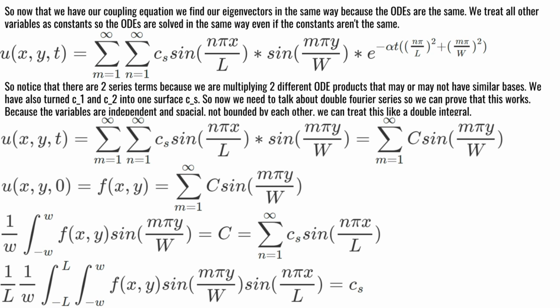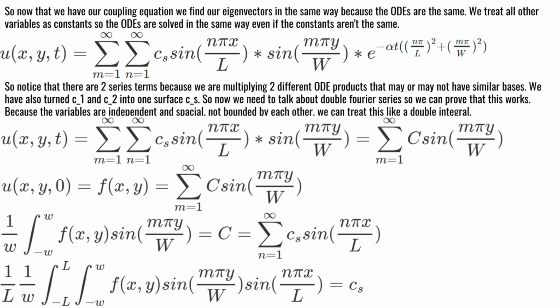And in that same vein, when we find the Fourier coefficients here, because the integral only pertains to 1 variable, our orthogonality does not apply to the other term, whether the sinusoid is similar or dissimilar. So what we're going to do now is have the series from m equals 1 to infinity of sine(m pi y over w).